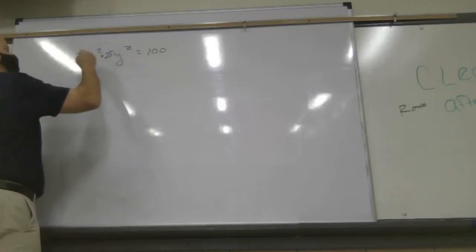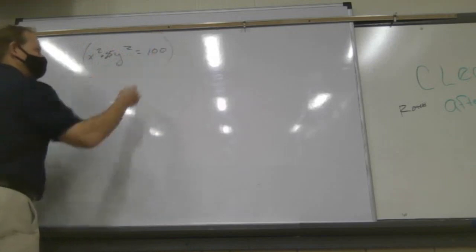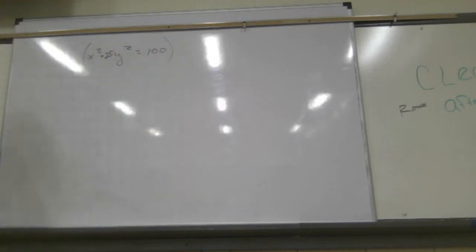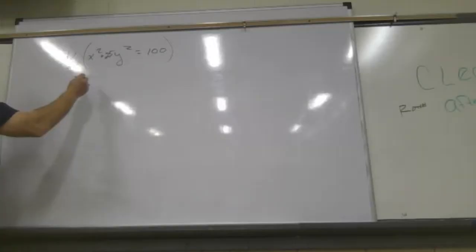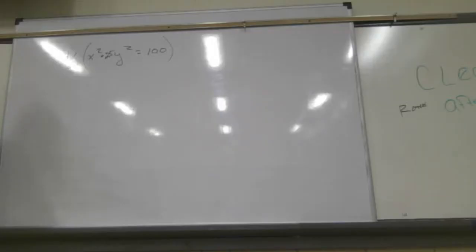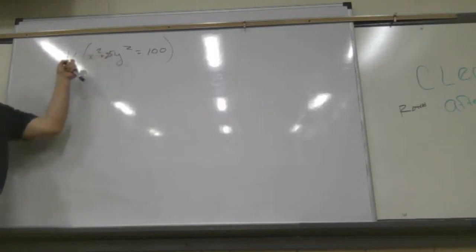So what's the first thing you do, class? Take the derivative with respect to x, right? You just take the derivative with respect to x. What do you get? The derivative of the sum is the sum of the derivatives, right?